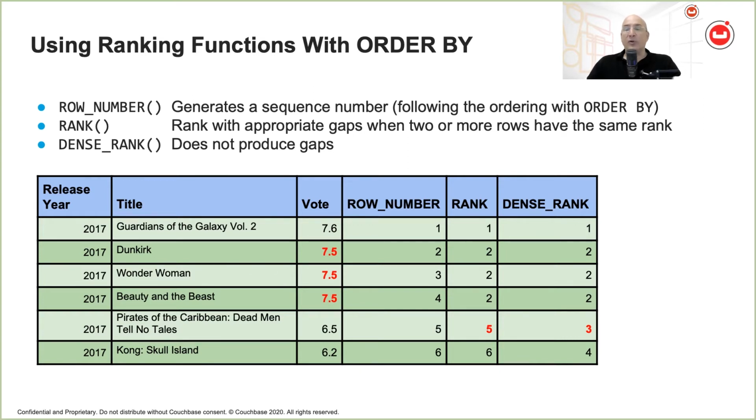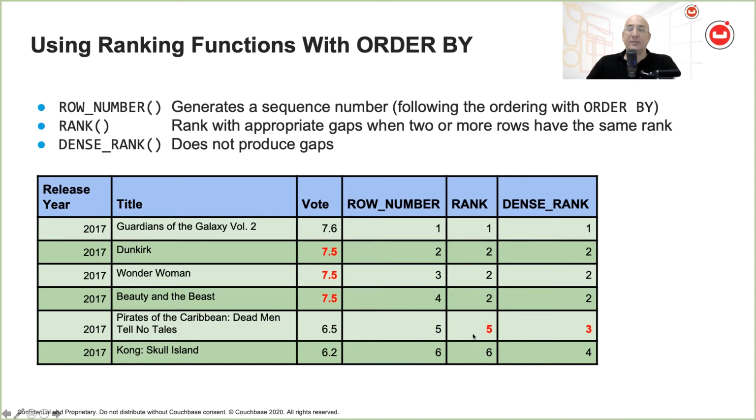If 2 or more documents have the same ordered value, which in this case is the vote, notice lines 2, 3, and 4, then rank produces the same rank for all of them and continues with row number when the vote changes, like here in line 5.